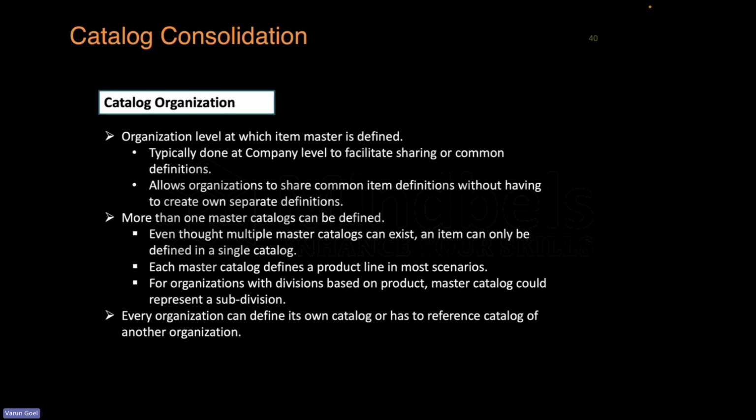So you can still maintain a single catalog at a company level, a master catalog, and you can have a sub catalog, let's say apparel, food and beverages, footwear, and you can use it across different organizations. Every organization can define its own catalog or has a reference to the catalog of another organization. So, giving you an example, right?